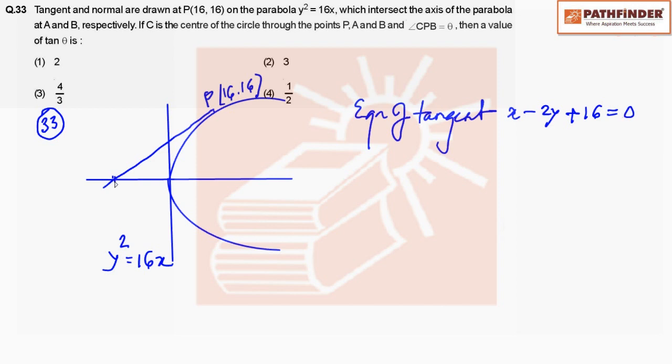So the tangent will cut the x-axis at the point (minus 16, 0) and the normal is cutting at the point B, which is (24, 0), by putting y equal to 0 in the equation of the normal.